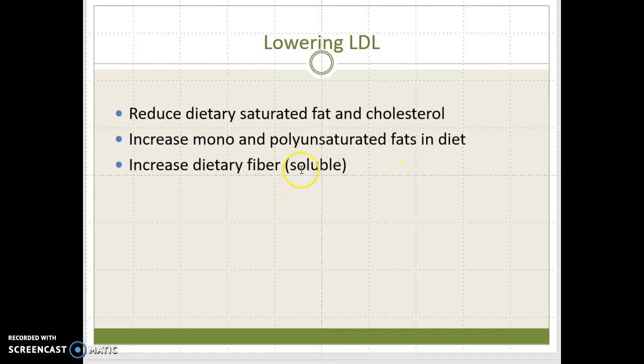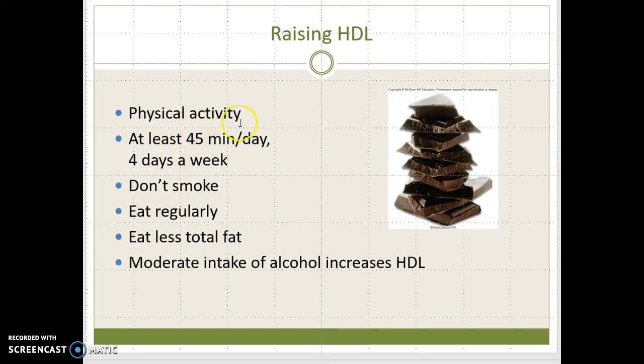Fiber attaches to the cholesterol and improves its clearance. And then the other thing is to try to raise your HDL by physical activity, at least 45 minutes a day, 4 times a week, eating regularly, and eating less total fat.